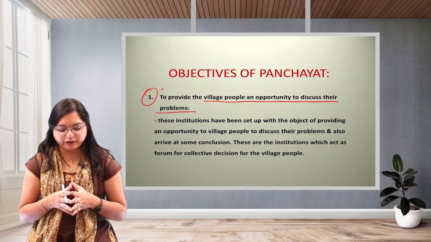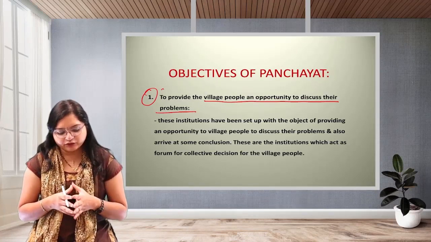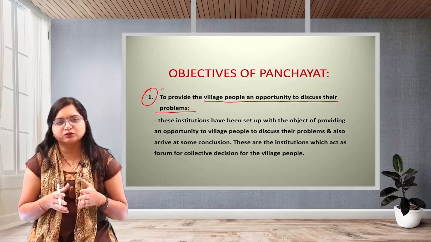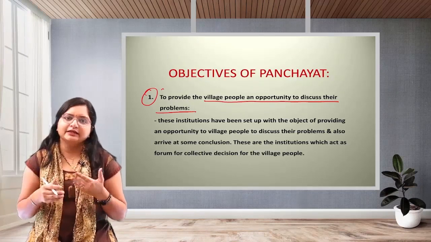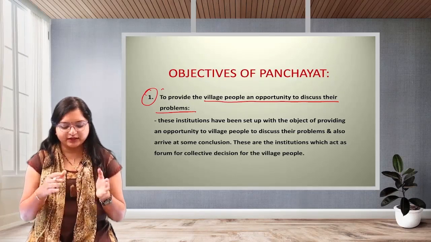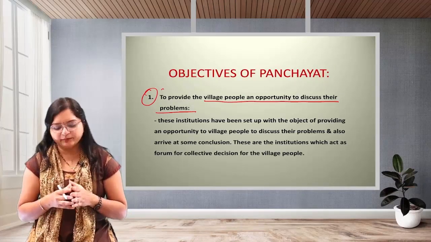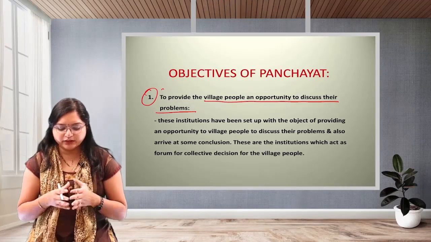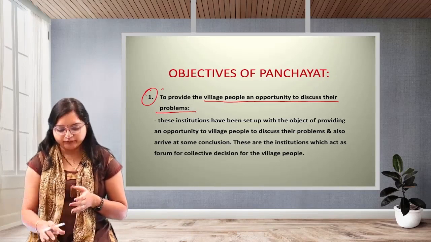These institutions have been set up with the object of providing an opportunity to village people to discuss their problems. So they can come to the Panchayat, discuss their problems, and also arrive at some conclusion for their problems. These are the institutions which act as a forum for collective decision for the village people.